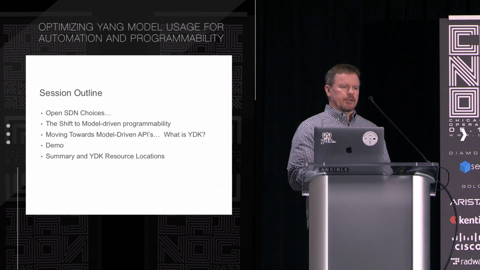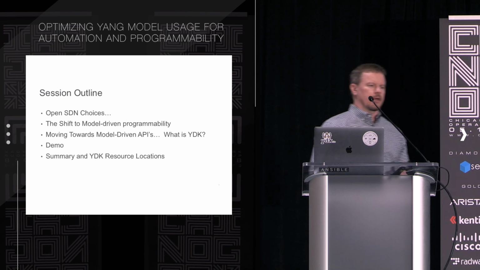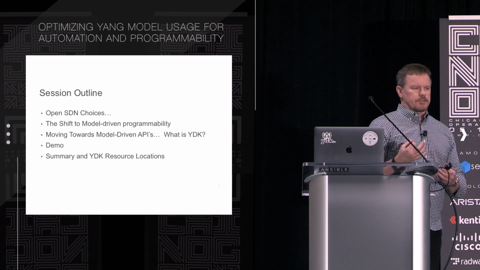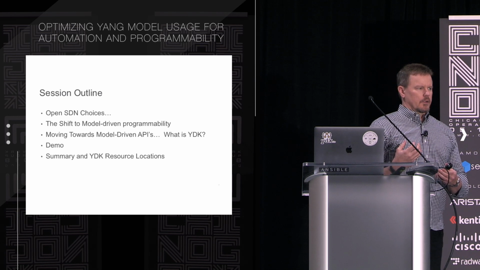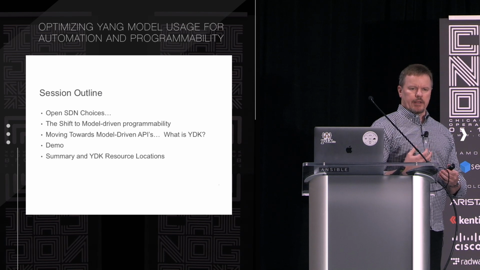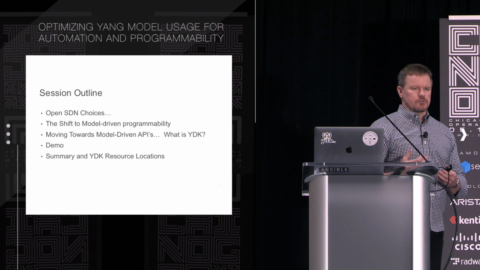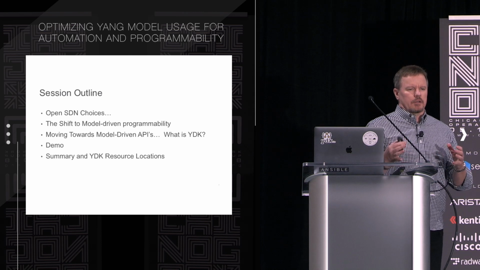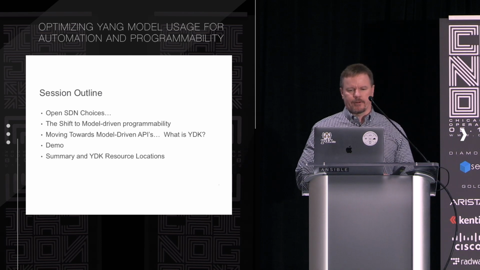It simplifies this for network operators, and also introduces more ways for the application developer to program and automate the network elements. That's the gist of what we're going to cover today.